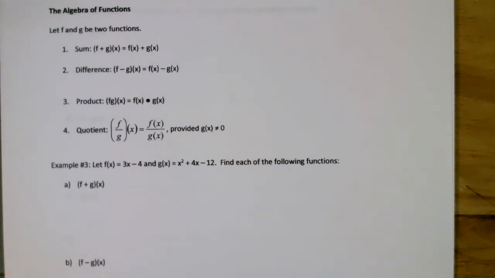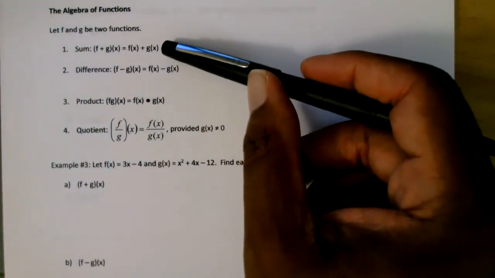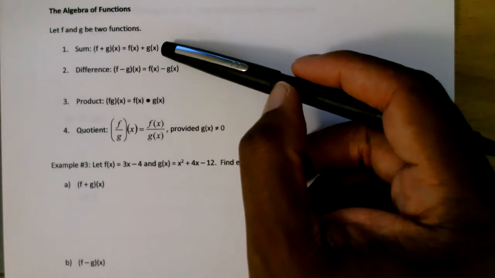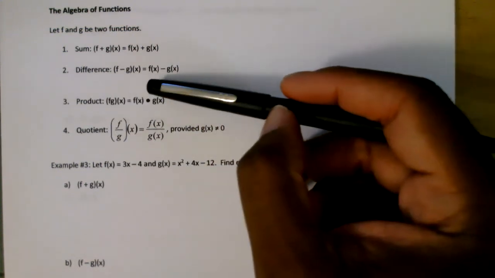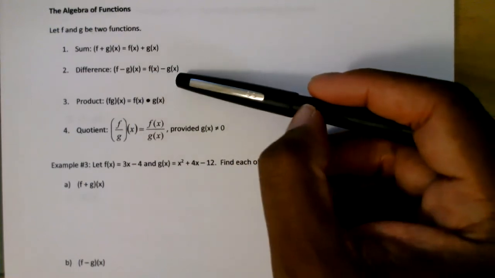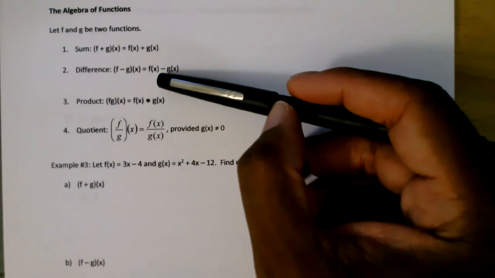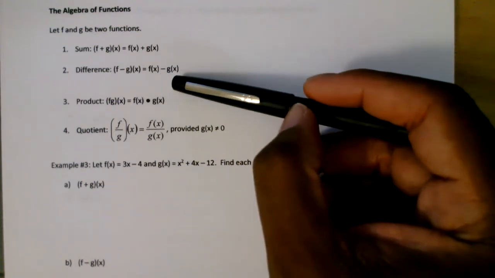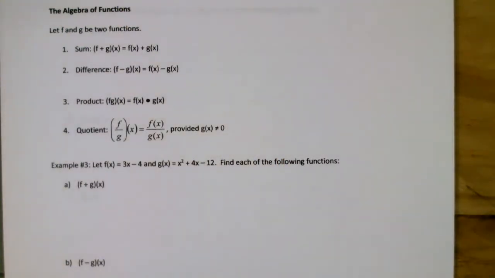So here we're just combining the two functions together through addition. Now the difference, which is f minus g of x, that's just going to be f of x minus g of x. Okay, now with the g of x here, since there's a minus in front, you want to make sure that your g of x function is in parentheses because you're subtracting the entire g of x function from f of x.